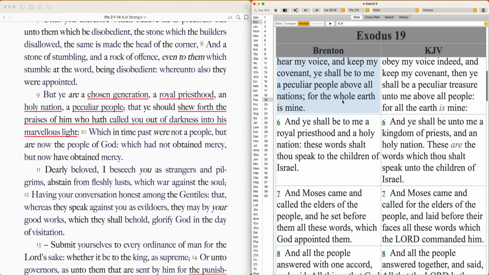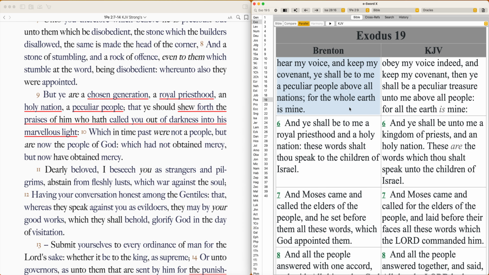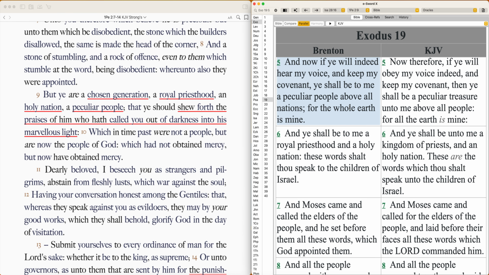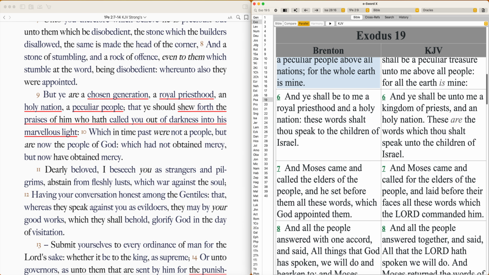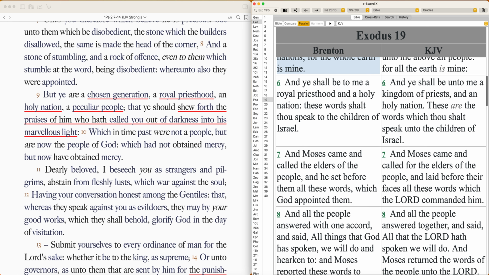The whole earth, not just Israel, not just Jerusalem. It says the whole earth is mine. It belonged to God. He's the one that made everything. Verse 6: "And you shall be to me a royal priesthood." See how the King James says kingdom of priests? Here it says a royal priesthood, a holy nation. That's exactly the quotation from Peter, who was quoting from the Greek Septuagint.